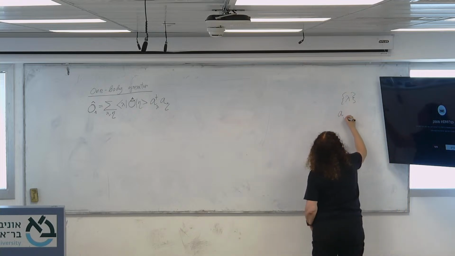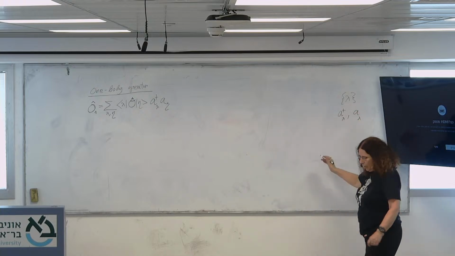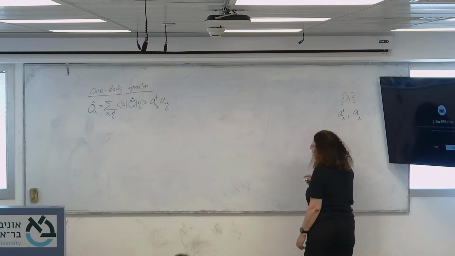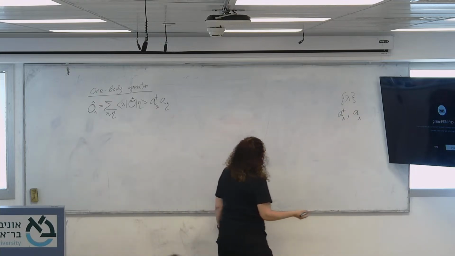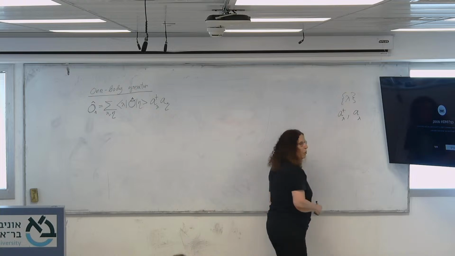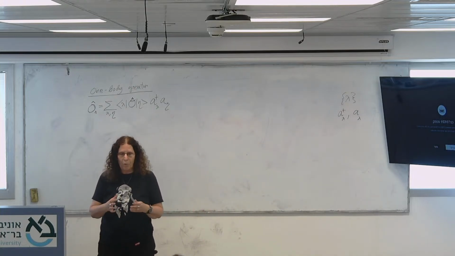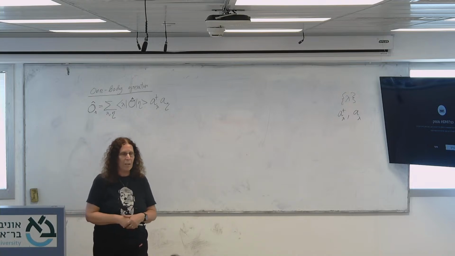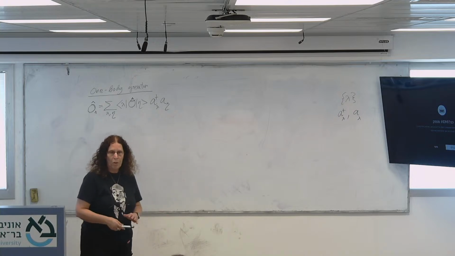And then you can define the operators A and A dagger in terms of this basis. And there is an algebra. I'm not writing it down again, but you have it in your notebook many times. So it's a set of commutators or anti-commutators, depending on whether they are fermions or bosons. And that's all we need to know.